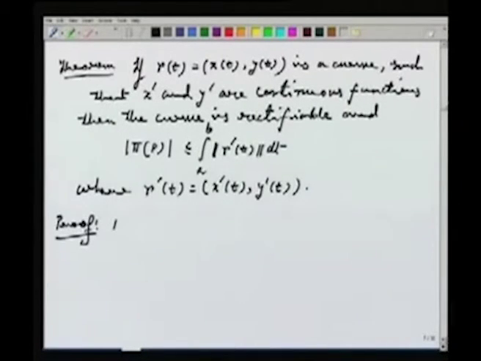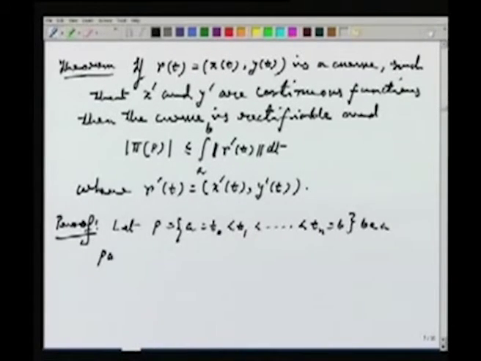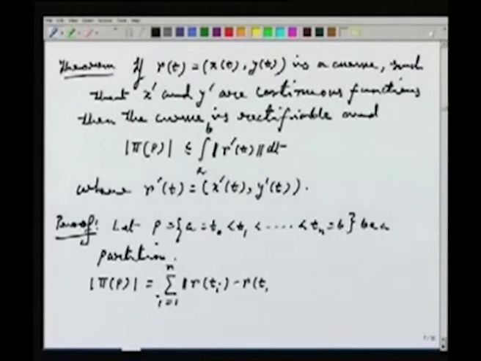Start with any partition P. So, let P equal to this be a partition, and then I form mod pi P, that is summation i from 1 to n norm r(t_i) minus r(t_{i-1}).